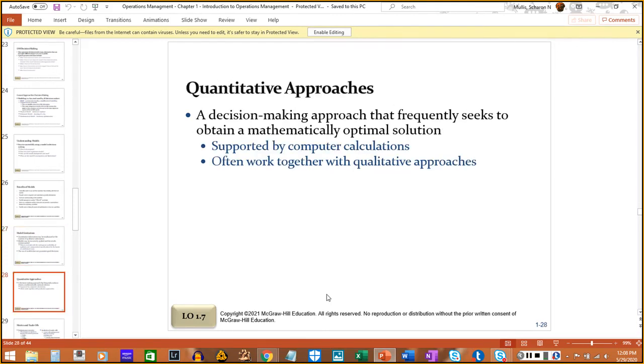All right, so we'll move on. Quantitative approaches. There are 5 different quantitative approaches that we can discuss. First thing being linear programming. Every business has to deal with scarce resources or limited raw materials.